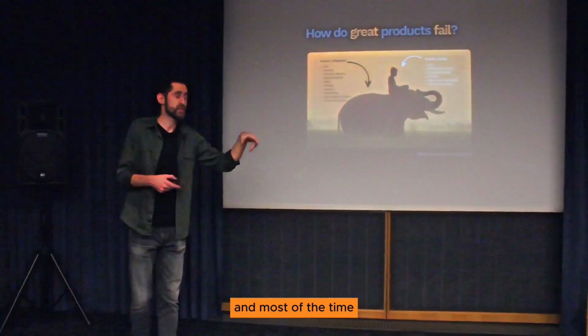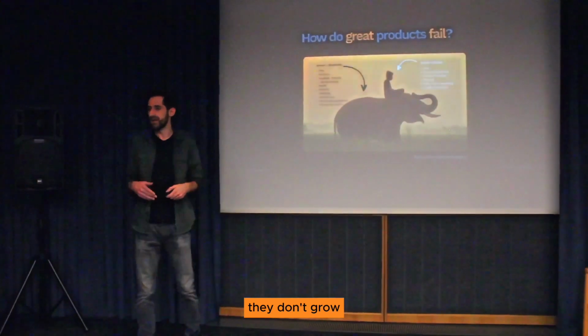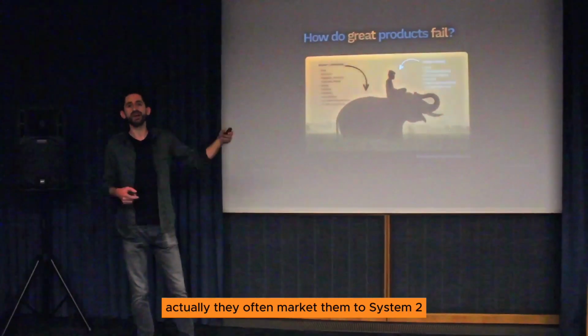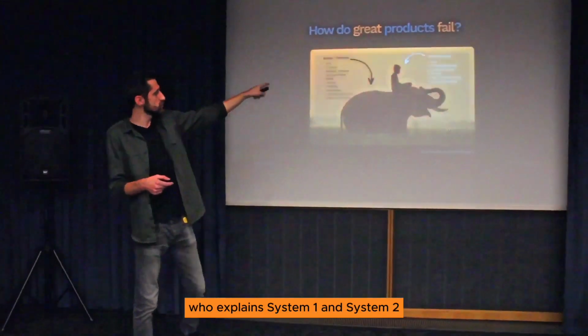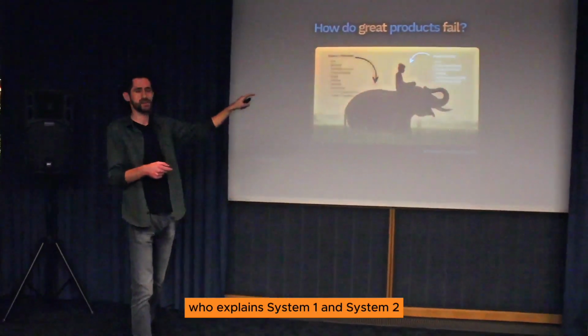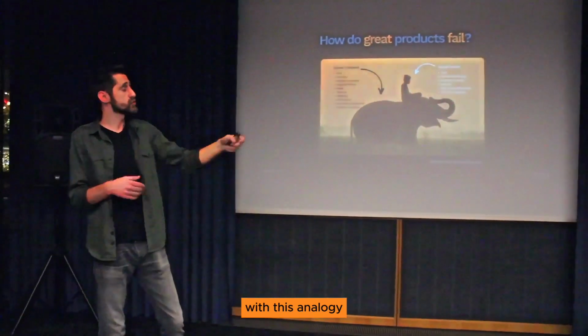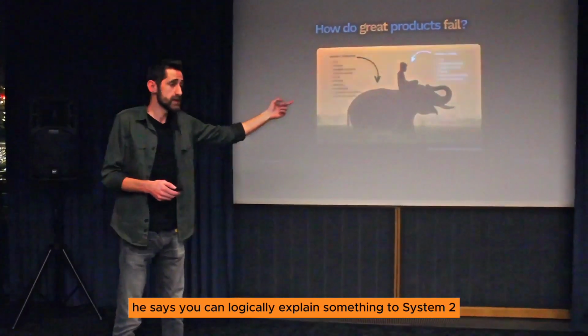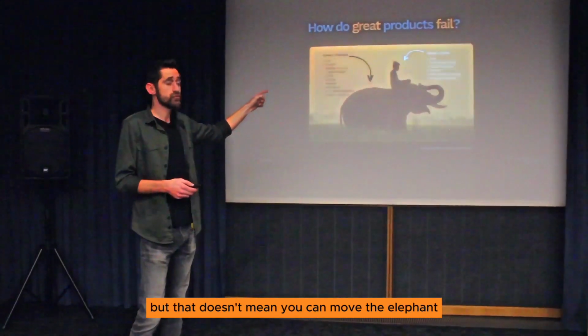And most of the time, there are products that logically work well, but they aren't liked, they don't grow, they don't get bought. Actually, they often market them to System 2. Jonathan Haidt, who explains System 1 and System 2 with the elephant and the rider analogy, addresses this in his book. With this analogy, he says, you can logically explain something to System 2. But that doesn't mean you can move the elephant.